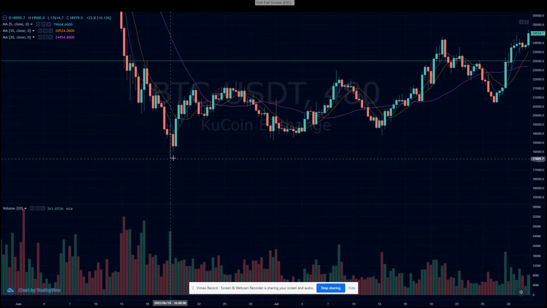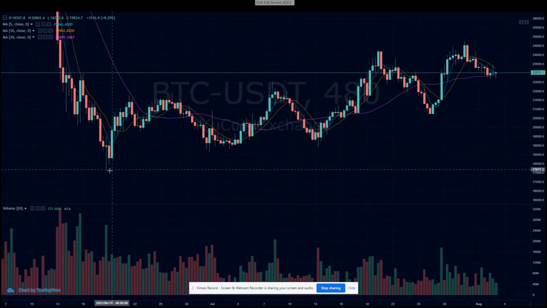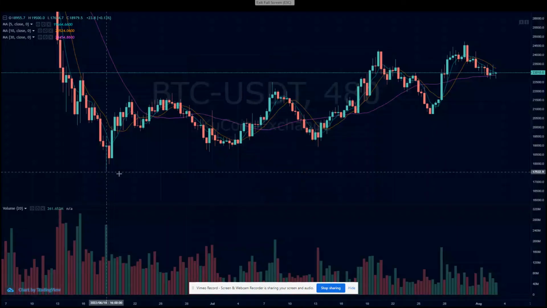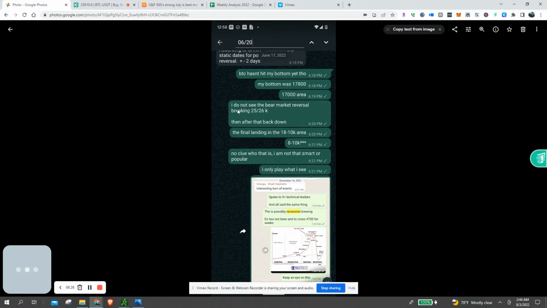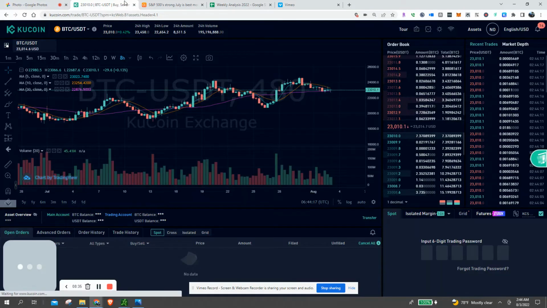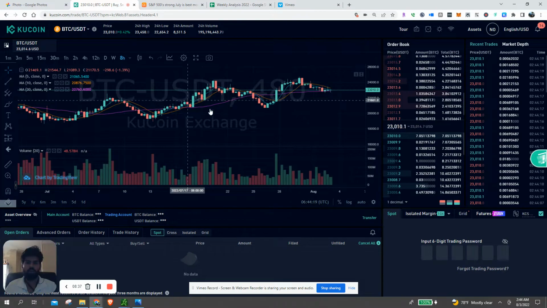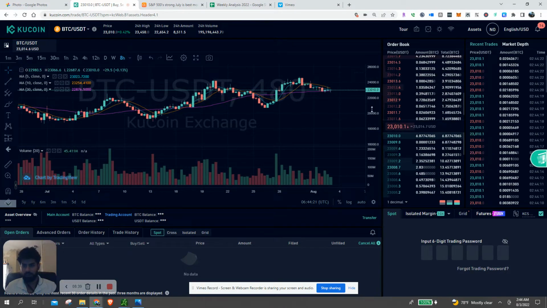The call was that once this target is hit, we would have a reversal going to the 25,000, 26,000 area. And more or less, that's what has happened.